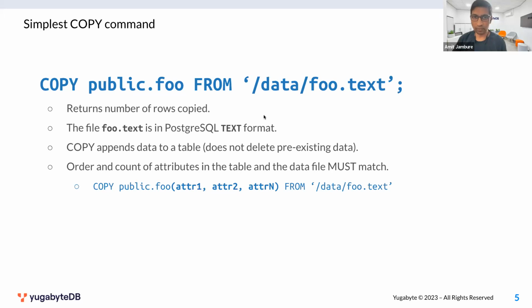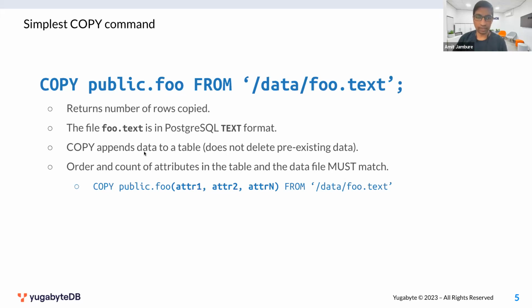The first thing is that this copy command supports importing data from either CSV format or PostgreSQL's native text format. We'll take a look at the differences between these two formats. But here, the default format is PostgreSQL's text format, so this file must be in text format.